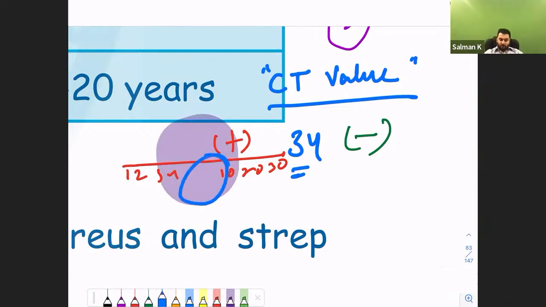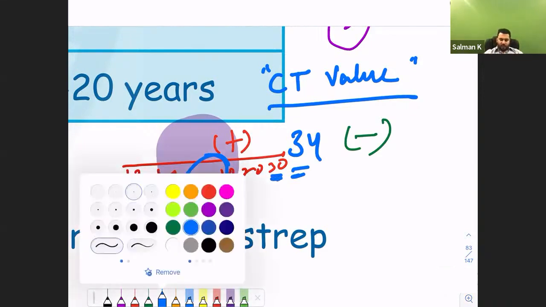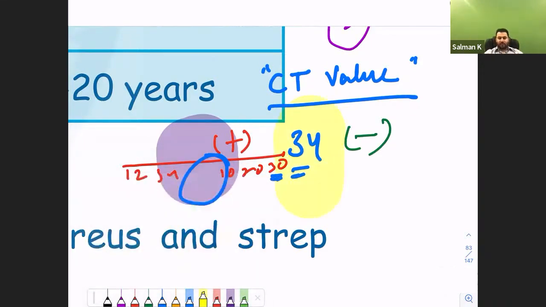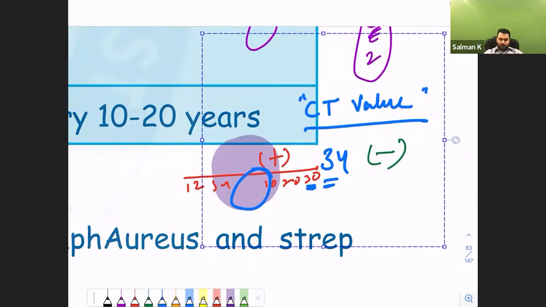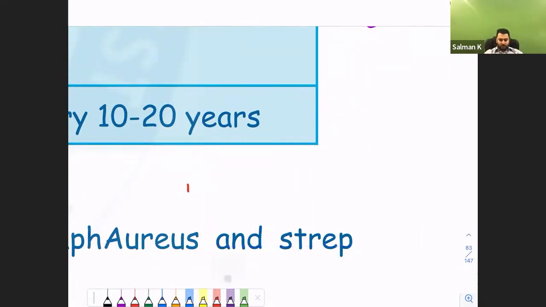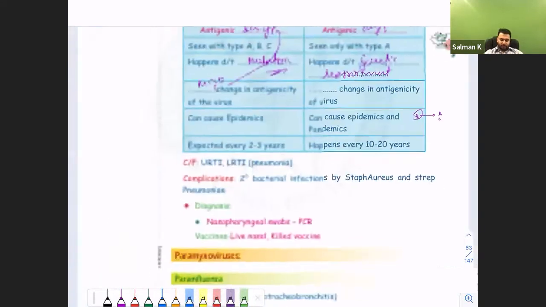And if you find the virus at the 30th cycle, that means it's very little virus. Why? Because 34 is negative. If your testing value is very near to the negative, that means this person has very little virus inside their body. So that's what we are going to do in COVID, nothing more that I'm going to tell you. Okay, so that being said, let's move on.